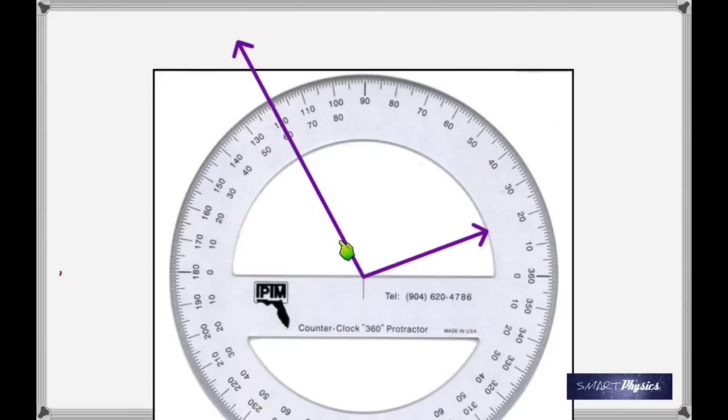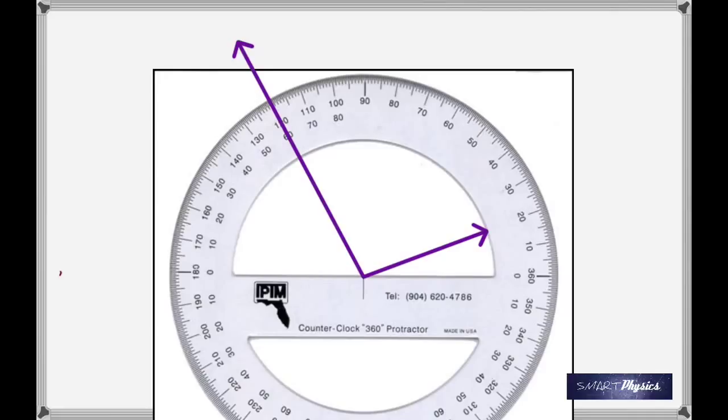And then you have vector Q, which is actually at an angle of 120 degrees, as you can see, and P is at an angle of 20 degrees. But this is 200 grams. Because we have taken 25 grams as 1 centimeter, you're going to have to draw this with a length of 8 centimeters.